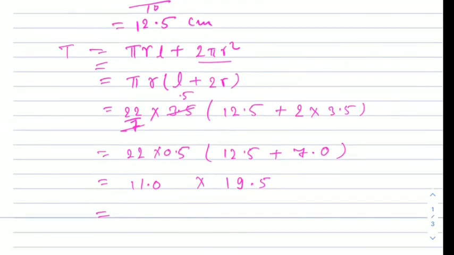By multiplying 11 into 19.5, we get 214.5. Here we are finding total surface area, therefore its unit will be centimeter square. Therefore total surface area of the toy is 214.5 centimeters square.